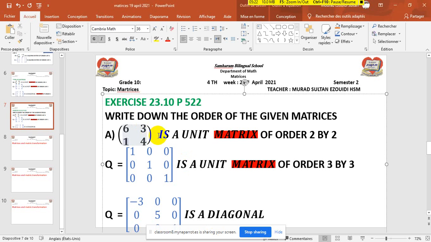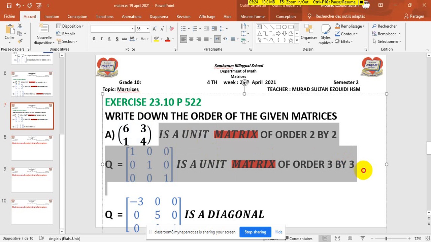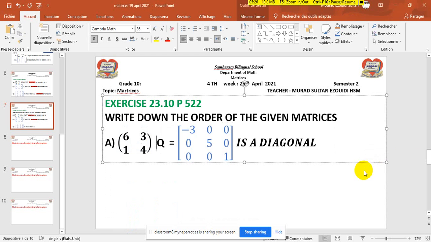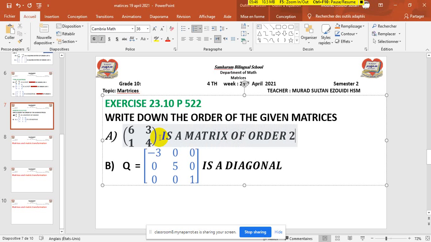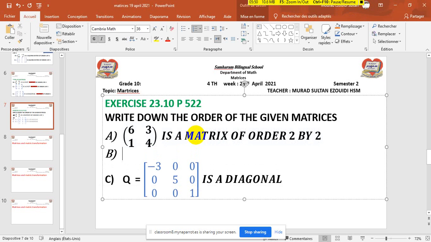This is this matrix. I will just erase this one. The first matrix, my daughter, what is its order? Teacher, is it 2 by 2? Very good. So a is a matrix of order 2 by 2. Excellent.